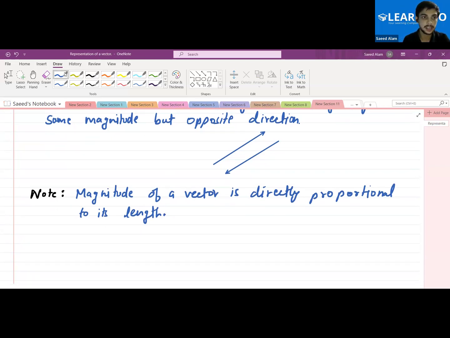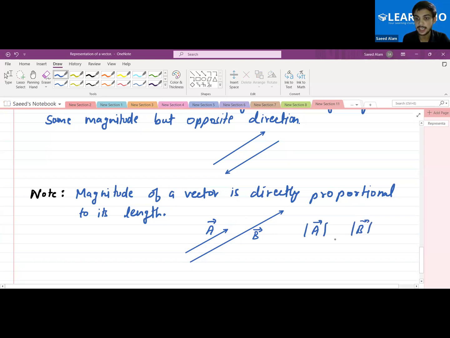Understood? For example, let me give you an easy example. Let's say this is a particular vector here, and there is another vector also here. I'm naming this vector A, and this vector B. If I need to see whose magnitude is greater, A or B? B. The magnitude of vector B is greater.